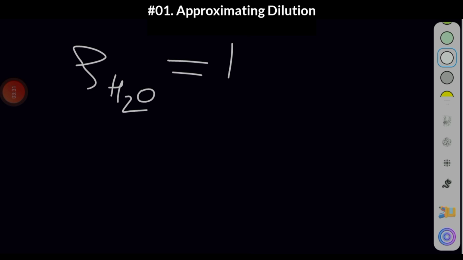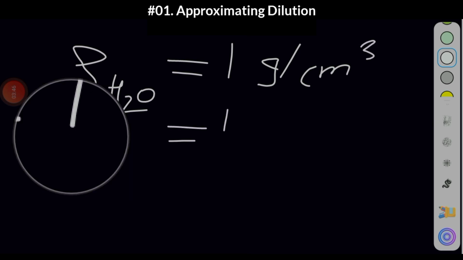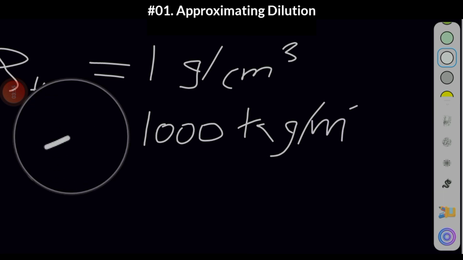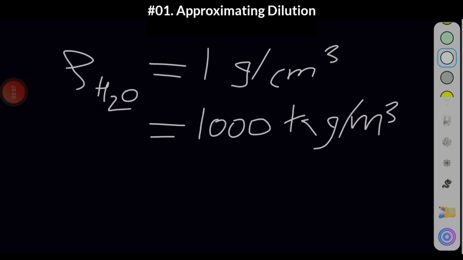In the question it is not mentioned, so it's just a vague description that assumes the density of water to be 1. You need to know that density of water is 1 if the unit is gram per centimeter cube. If the unit is kg per meter cube, then it's equal to 1000 kg per meter cube.